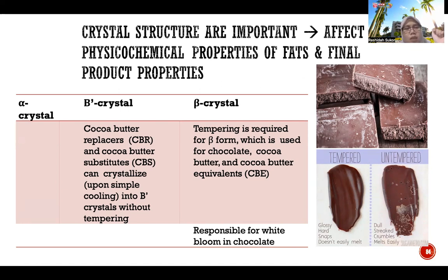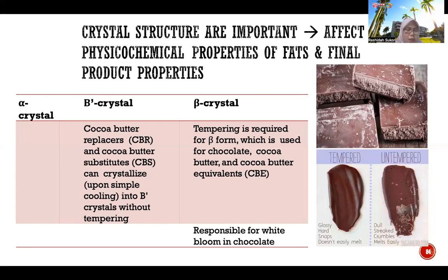Okay. So for beta prime crystal, cocoa butter replacer, or we call it CBR or CBS, can crystallize. That's why with chocolate that uses cocoa butter replacer, because cocoa butter is one of the most expensive butters in the world. If you want to make the chocolate more affordable to consumers, you will use less cocoa butter and replace it with CBR and CBS. It can use any kind of fat that is compatible with chocolate, normally palm oil.